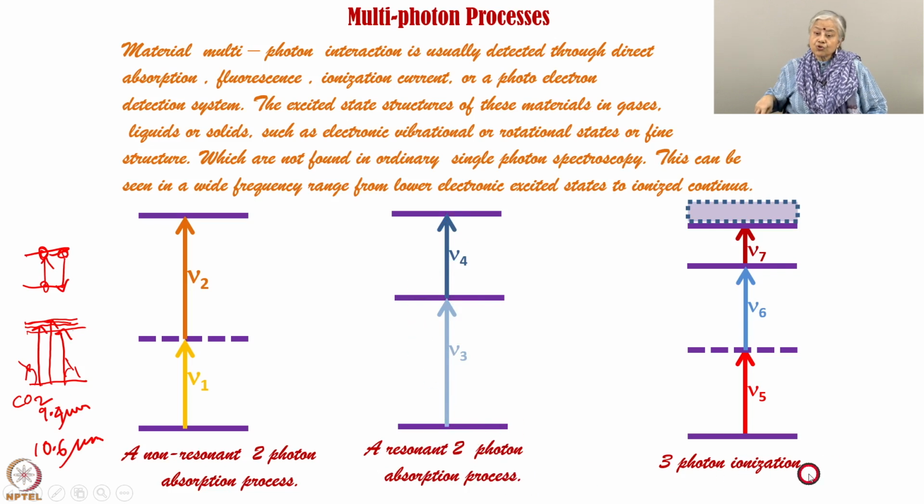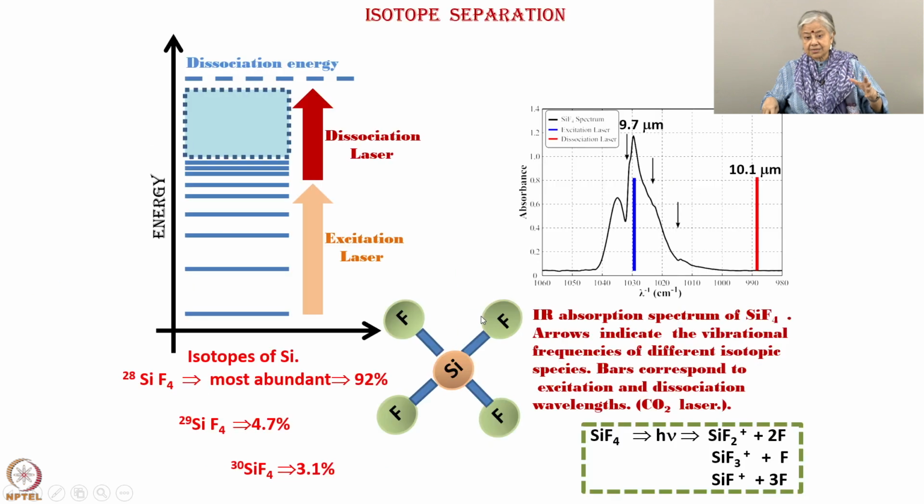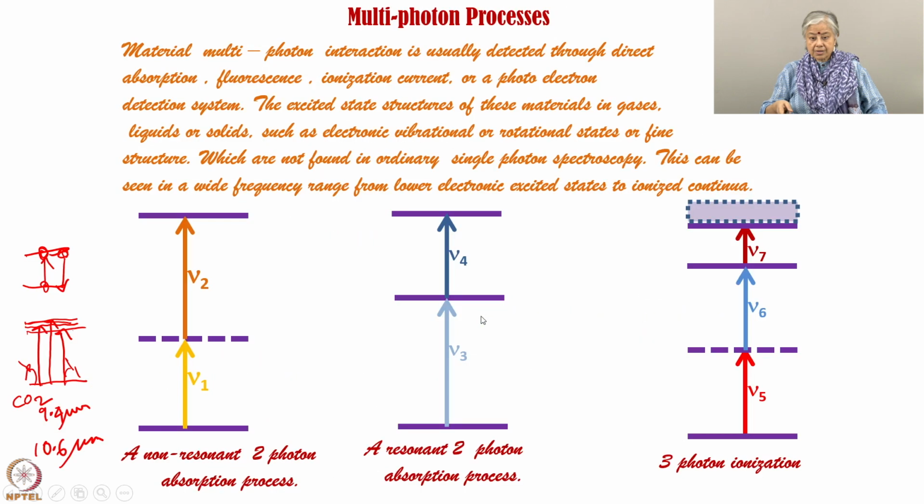Then there is a 3 photon ionization. Why do I call it ionization? Because here I am going from one state to the next, it is not ionized, it is in an excited state. Okay. It is in a very big excited state. But here if you see, I have one photon which has come to this virtual state, then you have the next photon which goes to the next eigenstate, and then you have another photon which takes it to a continuum.